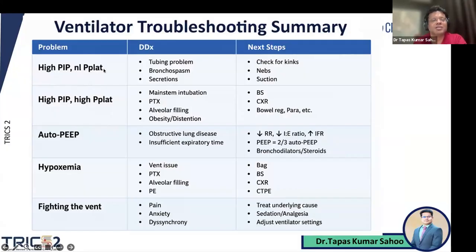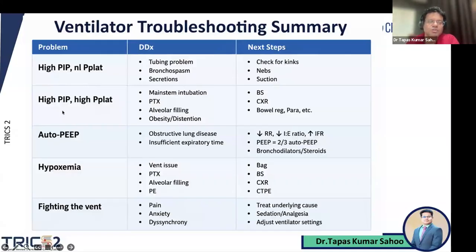Now, in these situations, the differential diagnosis would mainly be airway obstruction. Airway obstruction can happen due to tubing problem, bronchospasm, and secretions. These are the three common things that can happen in our ICU practice. And as per the problem, you have to opt for the solution, like check for the kinks, nebulizations, suction, all these things.